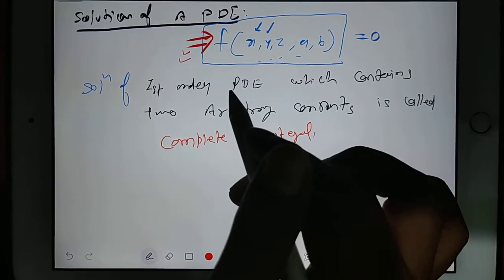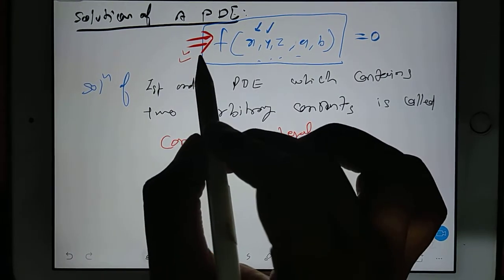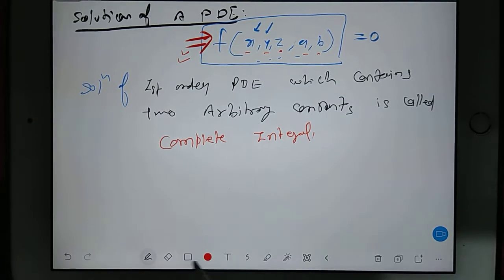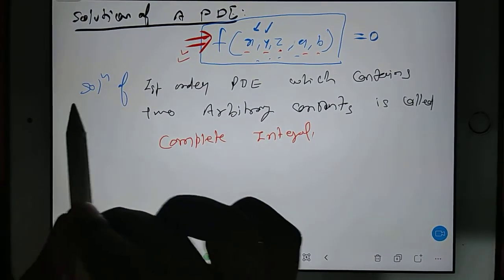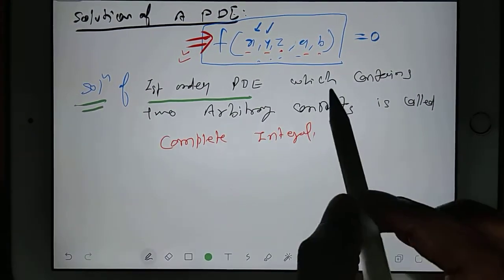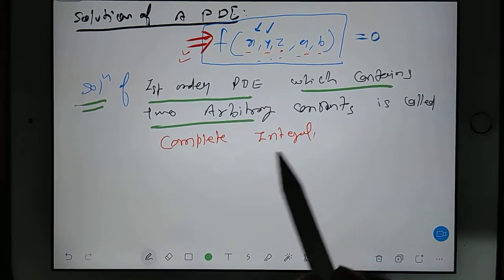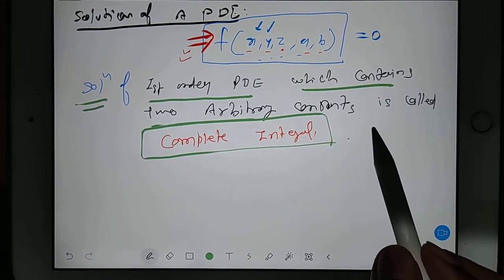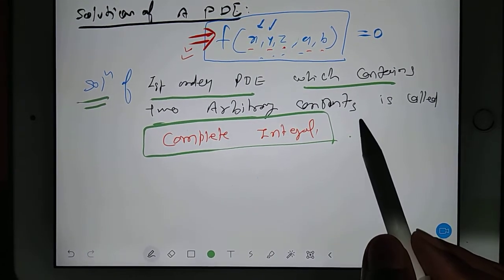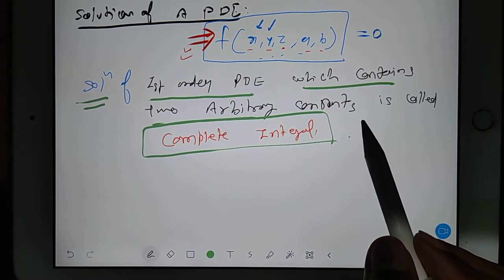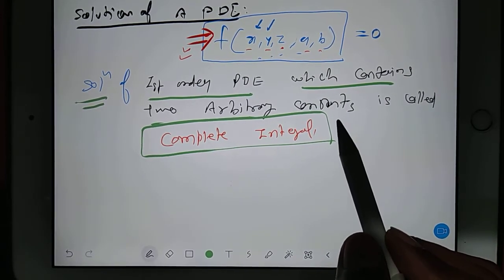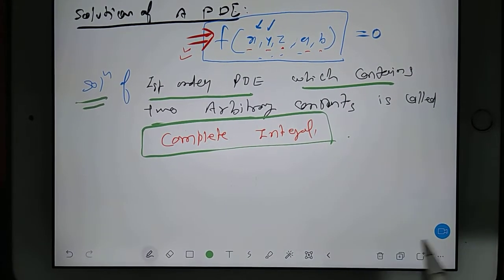When you solve this, whatever answer comes will contain x, y, z and two arbitrary constants. So for a special case, we are talking about the solution of a first order PDE which contains two arbitrary constants, and it is called a complete integral. Now see, there are some methods we'll apply. There are some equations we can solve by direct integration, so we'll take those kinds of examples first.